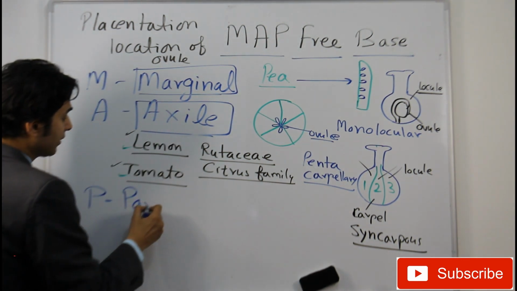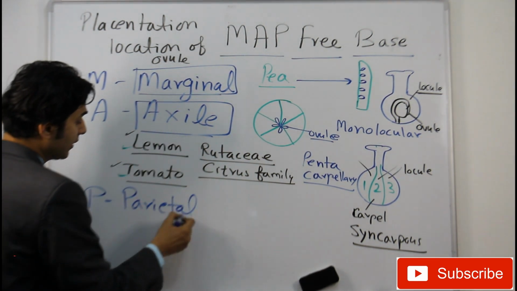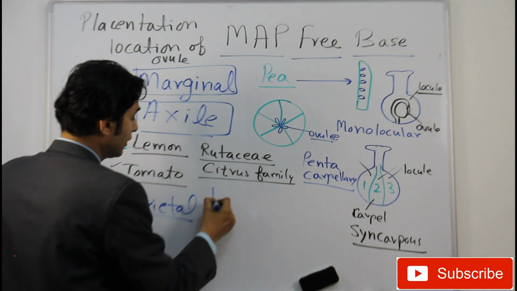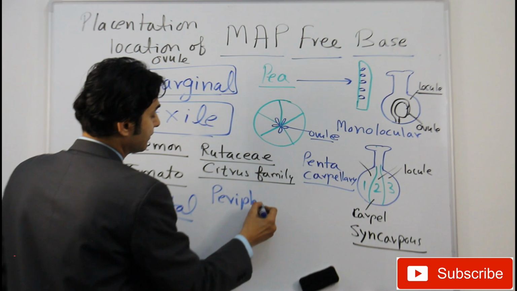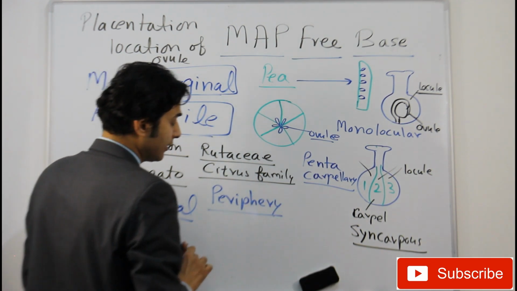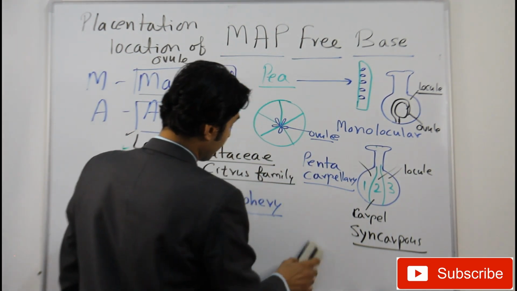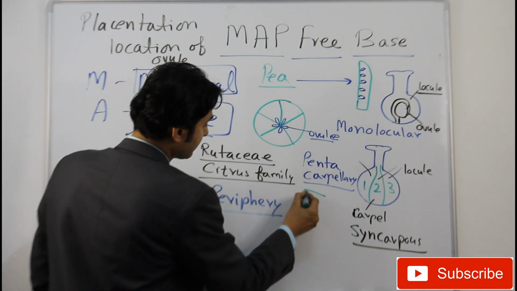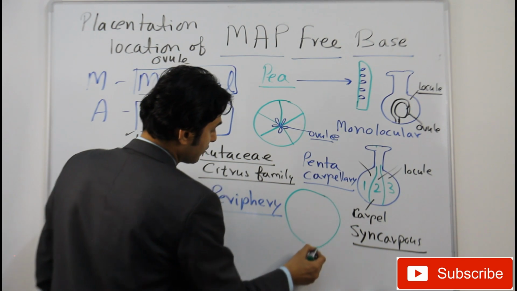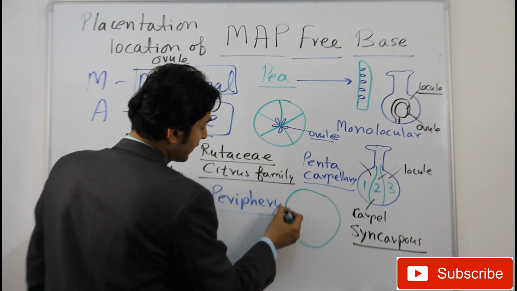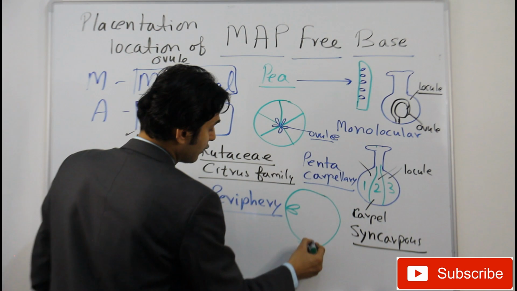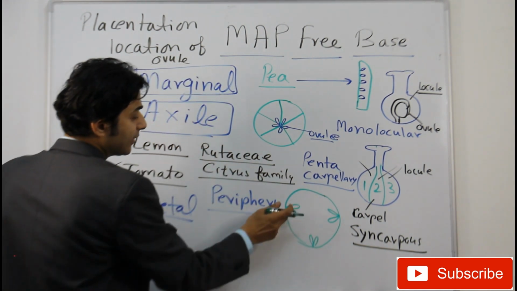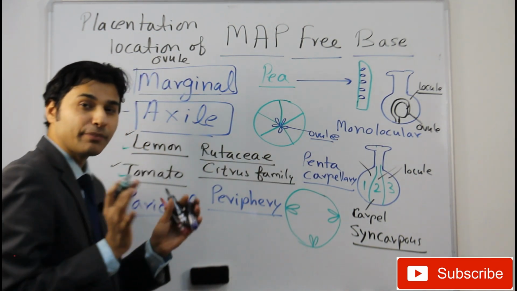The third one is P. P means parietal. The word parietal is like from the periphery, from the side, the inner side. So you can relate it with periphery. There will be carpels where you will find something like this. This is the inner side where they are joining, something like this. So these are from the sideways, periphery.